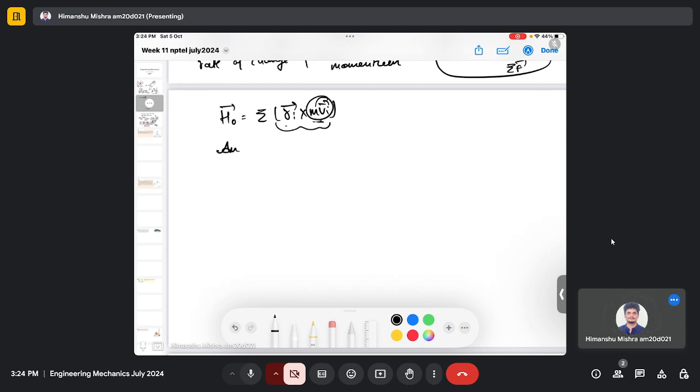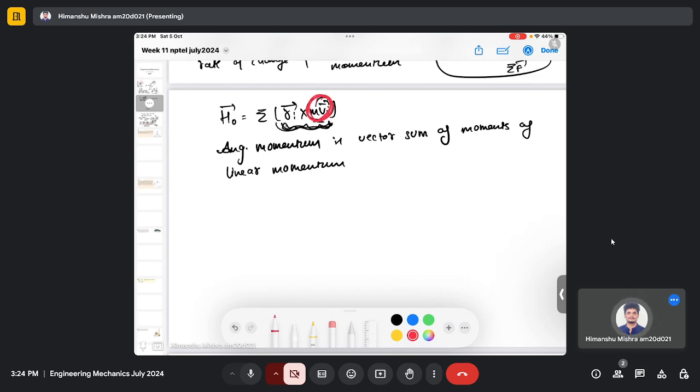So angular momentum is the vector sum of moments of linear momentum, right? So this r cross quantity is the moment, and it is the moment of this linear momentum mv.